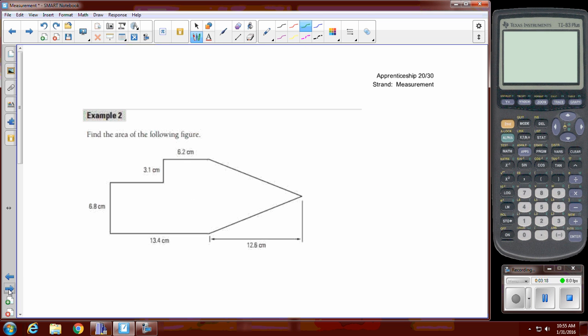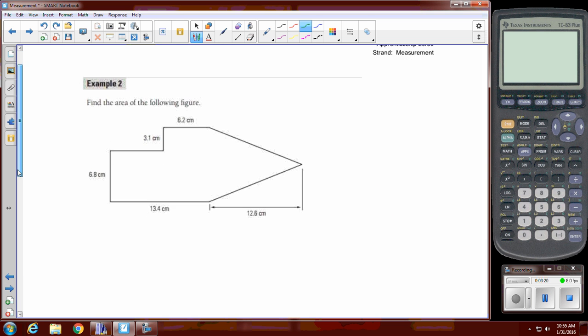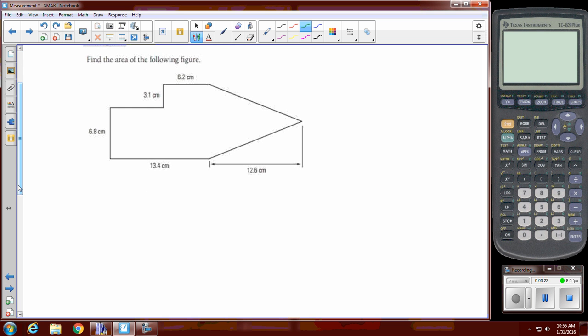Now we're going to go into this composite shape. When you look at a composite shape, you should try to get your eyes to see the different shapes that could be inside of this. Composite shapes mean you're going to be using a few formulas and then adding up all of the areas together. So what I notice is that I do have a triangle here, and if I divide this up, I have two rectangles.